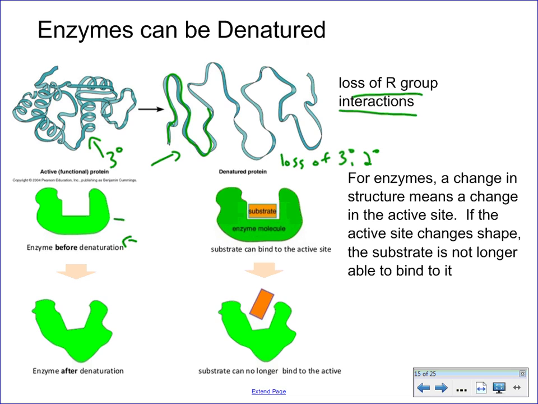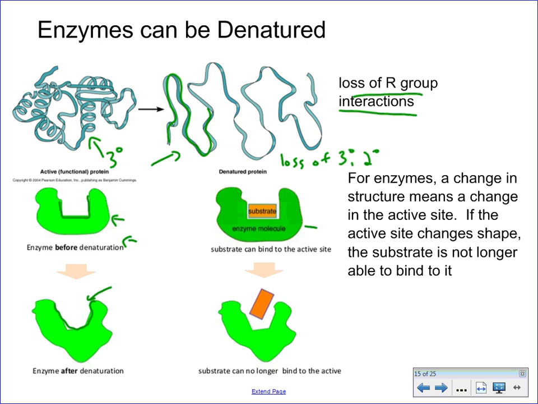The remaining diagrams illustrate what happens with an enzyme as denaturation occurs. If we have our enzyme with its active site before denaturation, as those R group interactions become disrupted, there becomes a change in the shape of the active site, and this active site can no longer bind substrate.